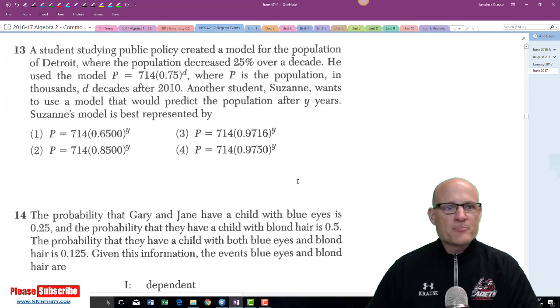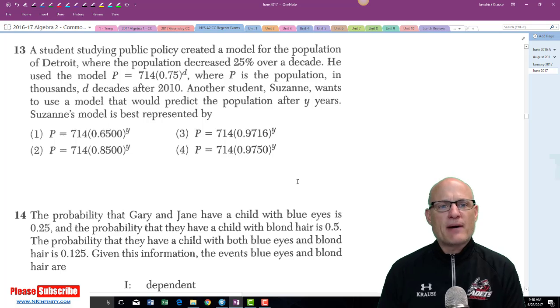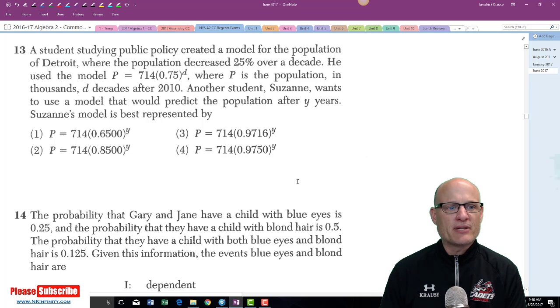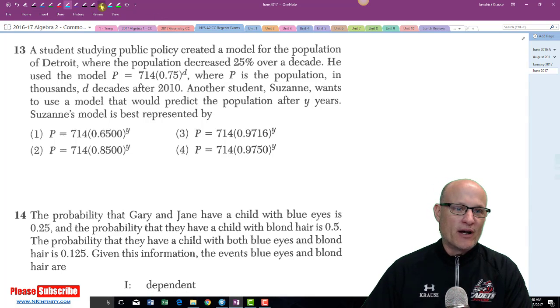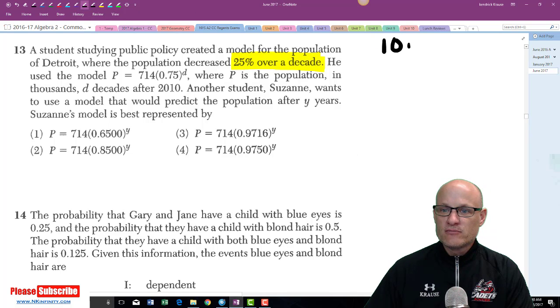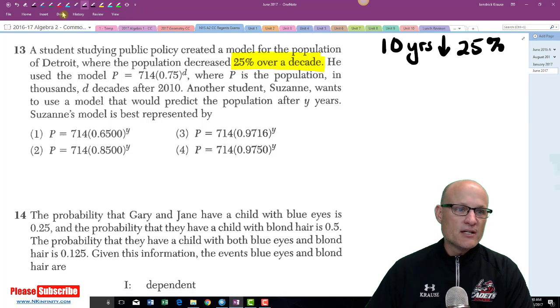Question 13. A student studying public policy created a model for the population of Detroit where the population decreased by 25% over a decade. So I haven't seen one like this one. This is kind of tricky. We're decreasing over a decade. That means in 10 years, it's going down by 25%.